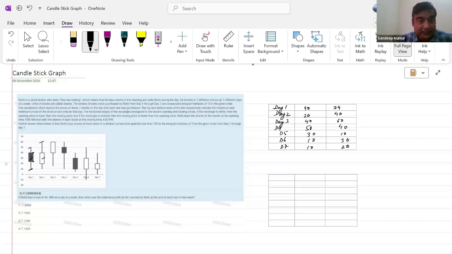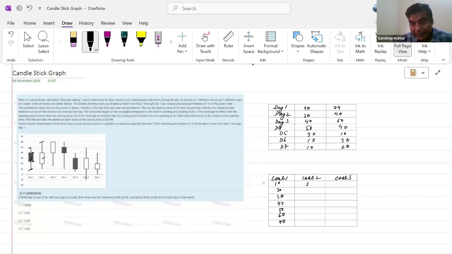Further information: Rohit buys shares of each stock in distinct consecutive integral multiples of 10, less than 100. So on day one he can buy 10, 20, 30, 40, 50, 60, 70.